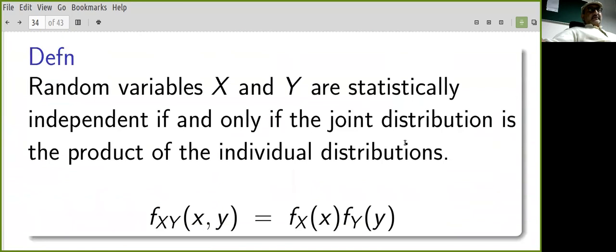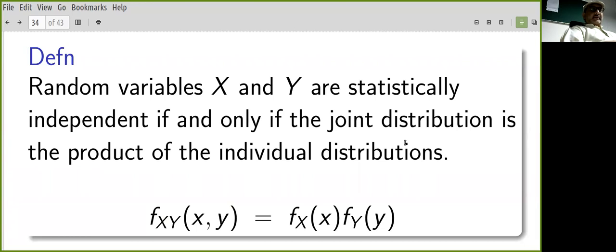So that was independence of events. Now we're going to talk about the statistical independence of random variables. Random variables x and y are said to be statistically independent if and only if the joint distribution is the product of the individual distributions.